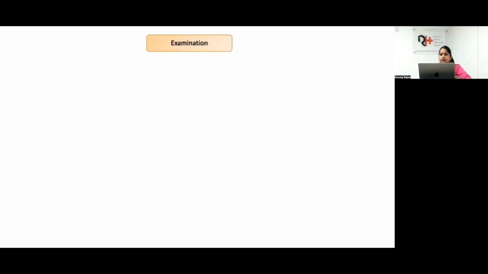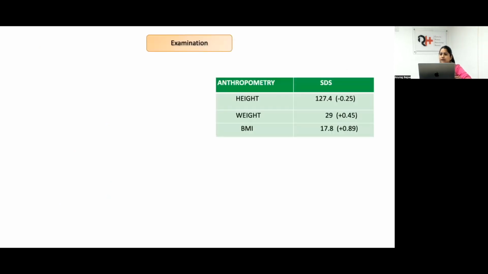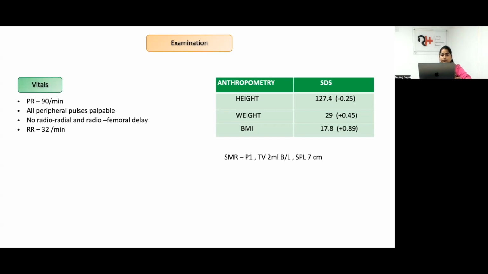So, on examination, what we found is he was growing pretty well. He was prepubertal, and on the vitals, pulse rate was 90 per minute. All the peripheral pulses were palpable. There was no radio-radial and no radiofemoral delay. Respiratory rate was normal, and the systolic blood pressure was 126 mmHg.